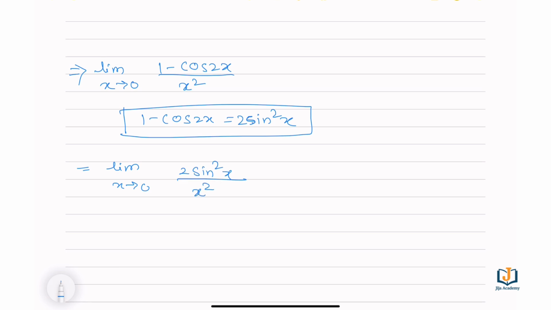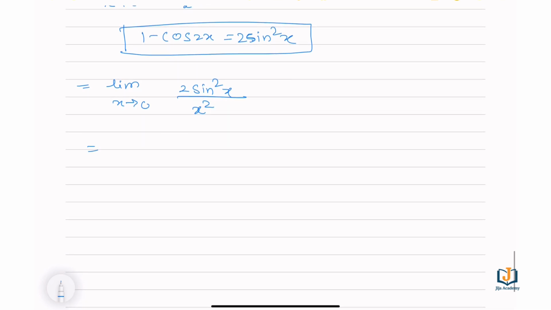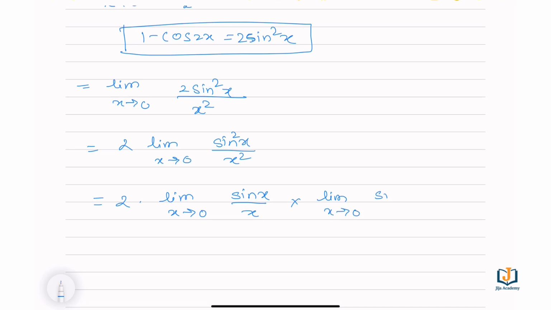So we get here 2 into limit x tends to 0 sin square x upon x square. So 2 into limit x tends to 0 sin x upon x into limit x tends to 0 sin x upon x, that is 1 into 1, is equal to 2.